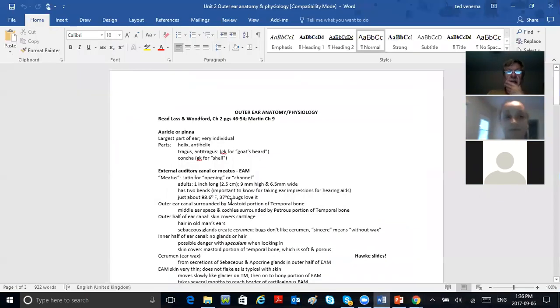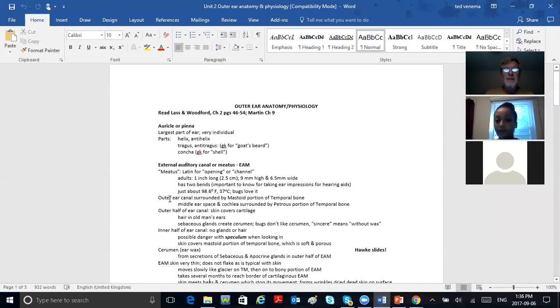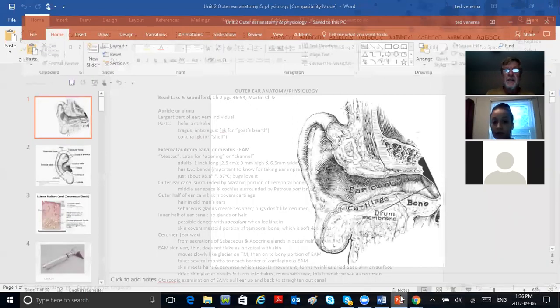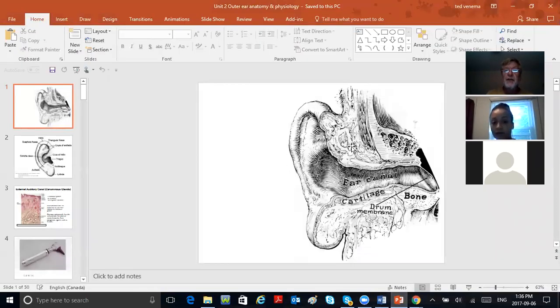And a lot of this stuff, since we'll be talking about it, you'll be able to readily see where it is in your notes afterwards, so no big deal. Auricle or pinna. When you talk about the auricle, A-U-R-I-C-L-E, or pinna, that is this outer ear. So the floppy part you can move.